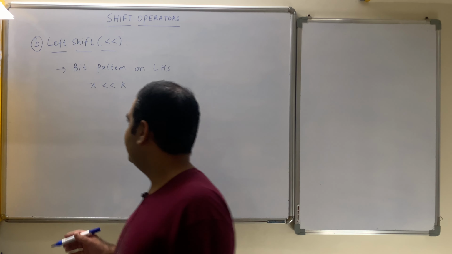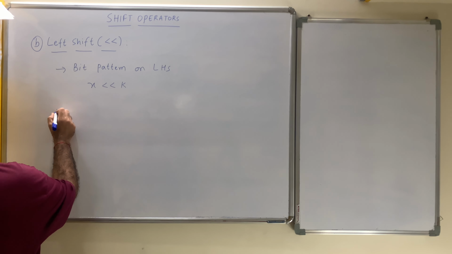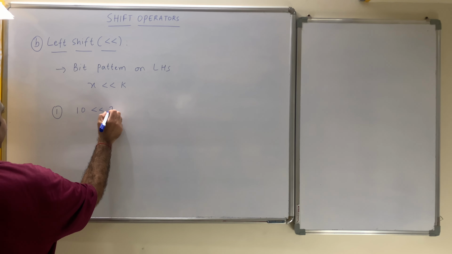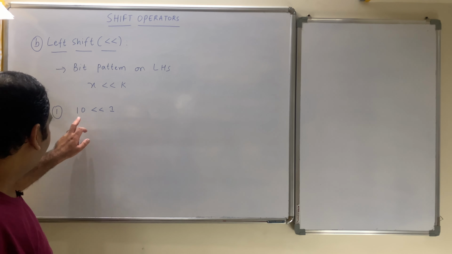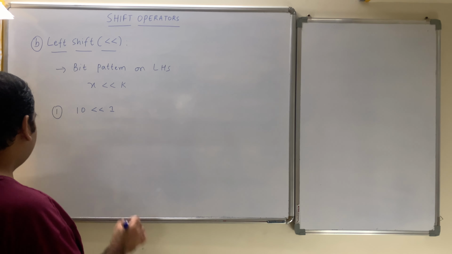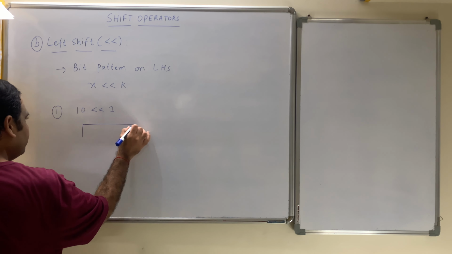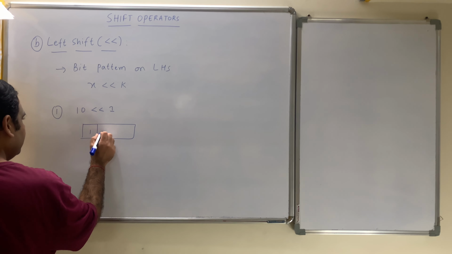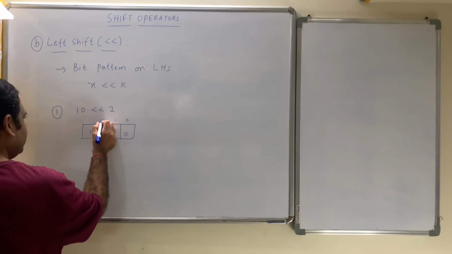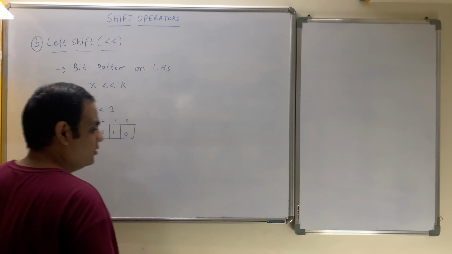Let's understand this with the help of some examples. Suppose we write 10 left shift by 1 place. Now what we need to do, again we have to convert 10 in binary representation, and we already know that 10 in binary is 1010, 0th bit, first bit, second bit and the third bit.